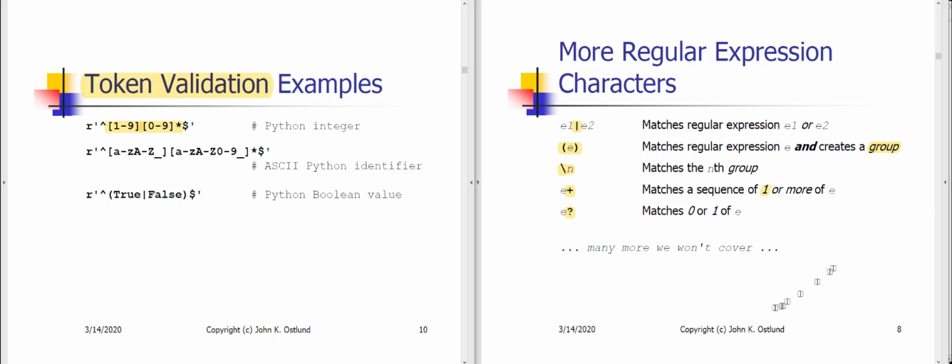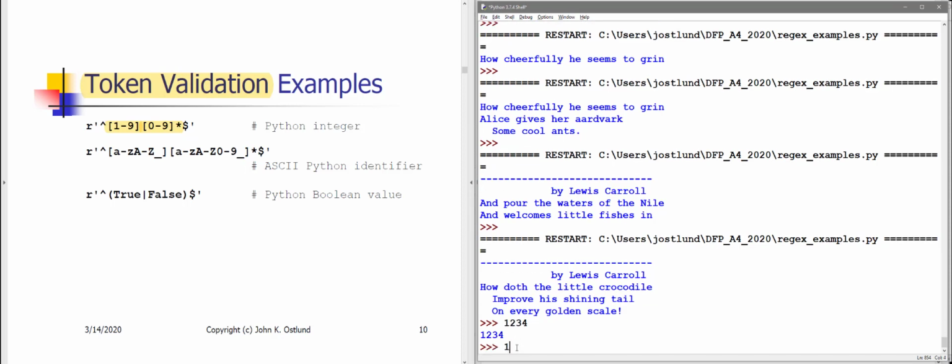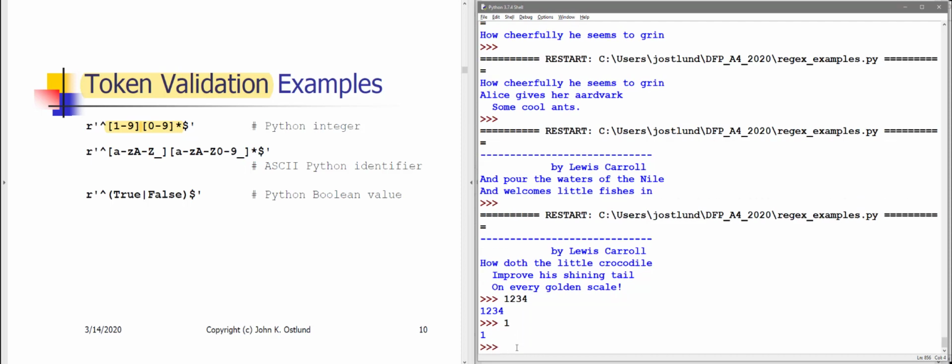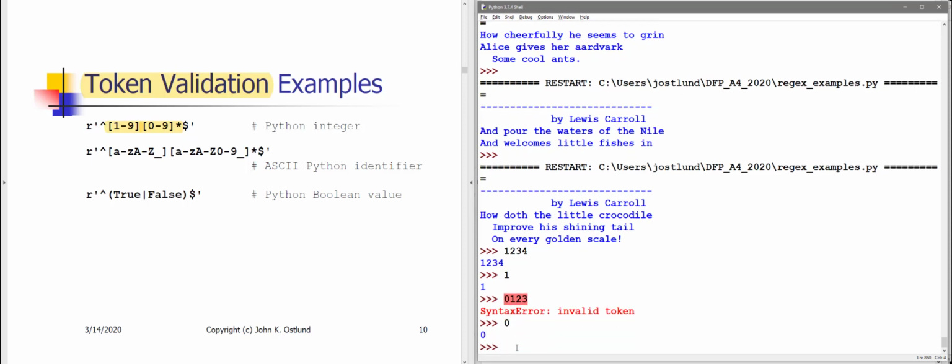Let me pull up my shell. Okay, so 1, 2, 3, 4 is a valid integer. 1 is a valid integer. 0, 1, 2, 3, I get yelled at about that. I just realized a bug in my integer matcher here, because 0, of course, is a valid integer.